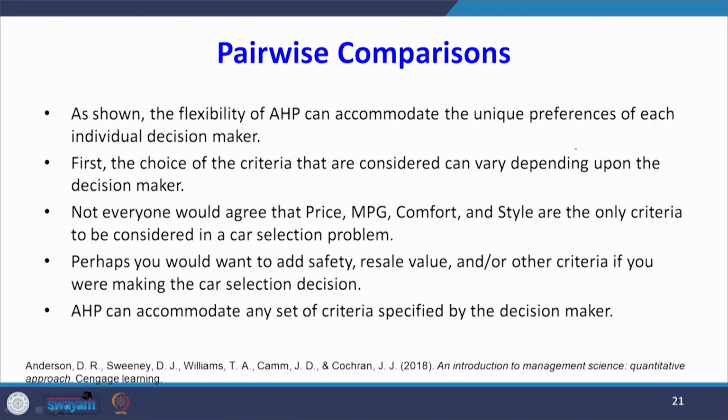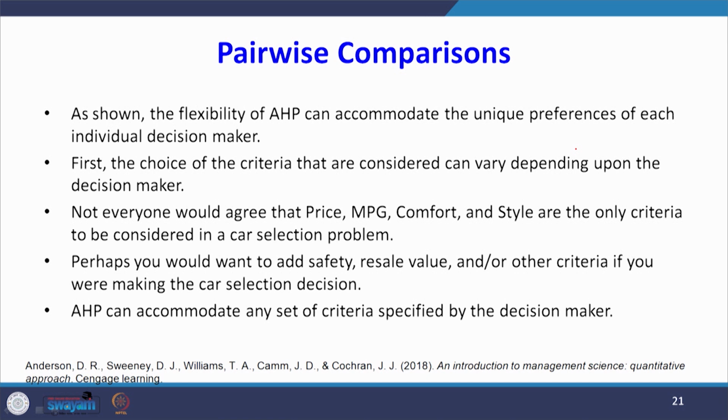As shown, the flexibility of AHP can accommodate the unique preference of each individual decision maker. First, the choice of the criteria that are considered can vary depending upon the decision maker. Not everyone would agree that price, miles per gallon, comfort and style are the only criteria to be considered in a car selection problem.